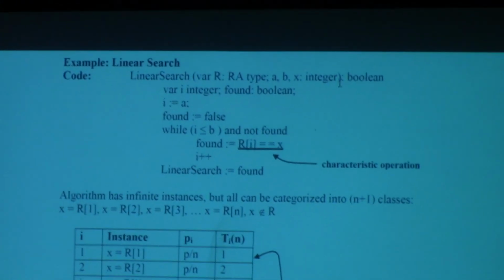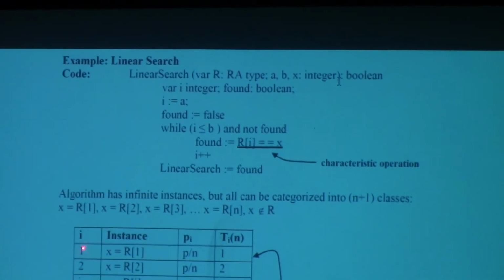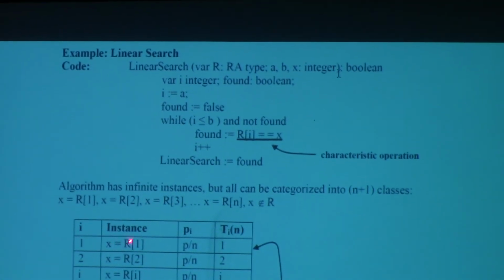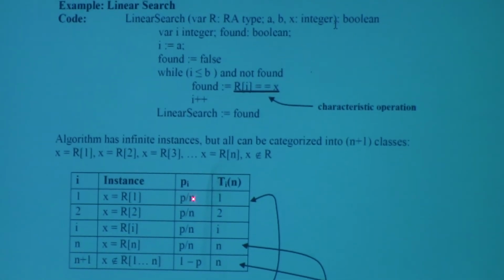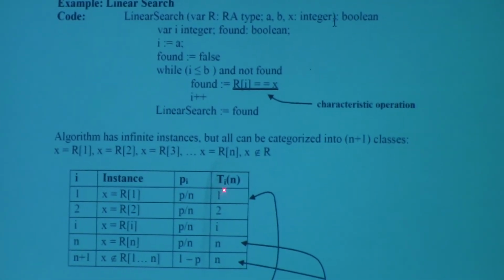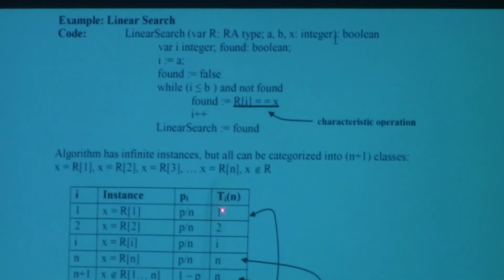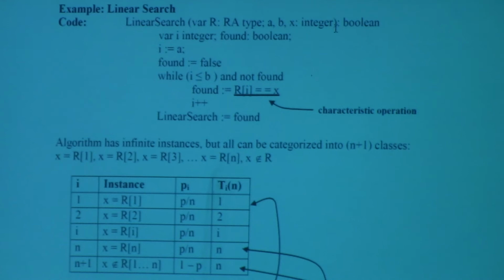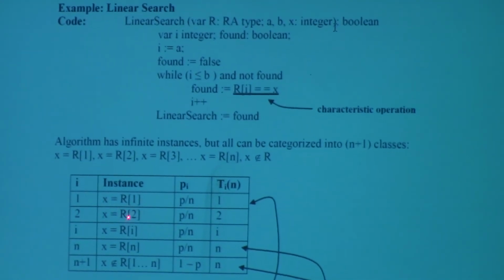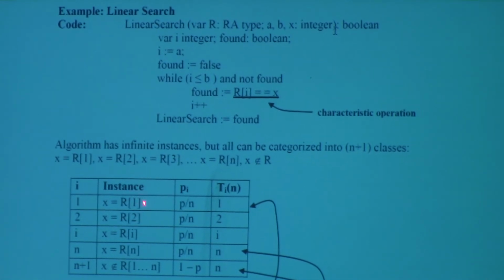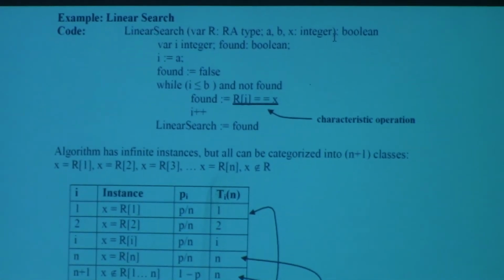Okay, so you can see that if I am searching for the element and I match it in the first location of array R, in position 1, then the probability was p over n, and the amount of work it takes is 1 comparison, 1 unit of work. I matched immediately on the first one. Now, if I match it on the second one, that means I did not match on the first one, I matched on the second one, the probability was the same, and the amount of work was 2.